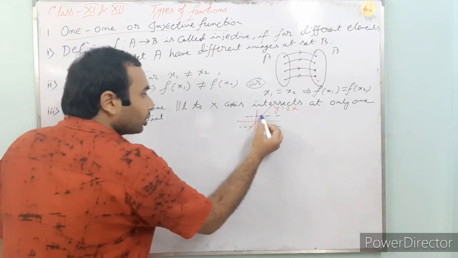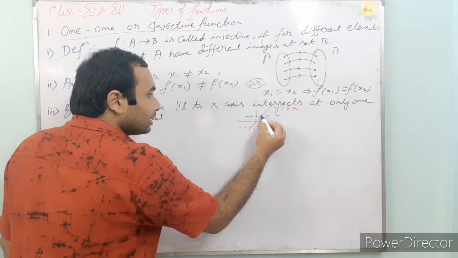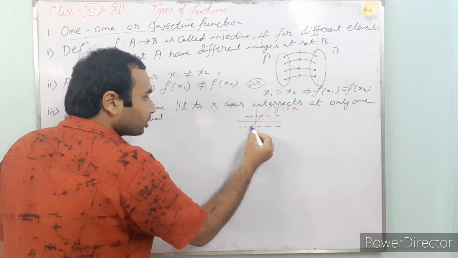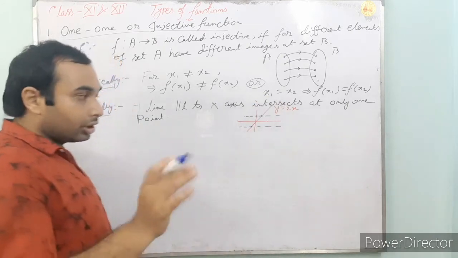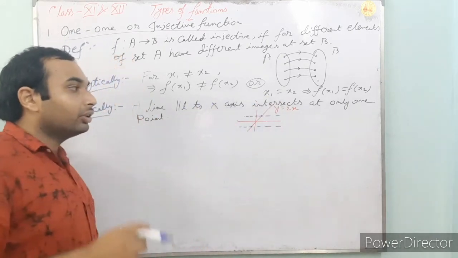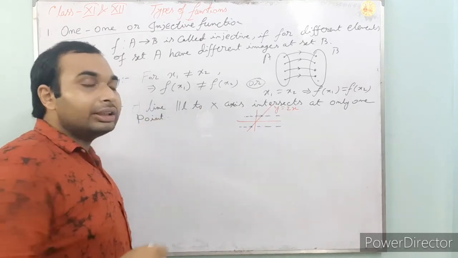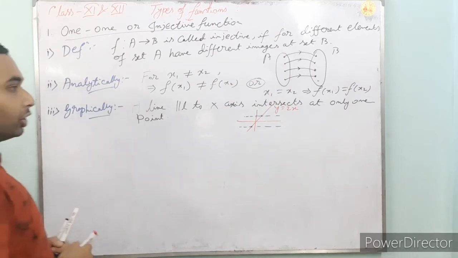Just see, those lines intersect at only one point. This line is intersecting at this point, and this line is also intersecting at this point. So this function y equals 2x is an injective function, or injective mapping.